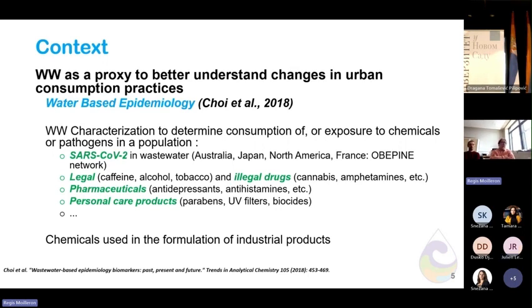But it could be helpful to measure legal or illegal drugs in wastewater, pharmaceuticals, personal care products, such as parabens in cosmetics. It could also be helpful to have an idea about the chemicals used in the formulation of industrial products.